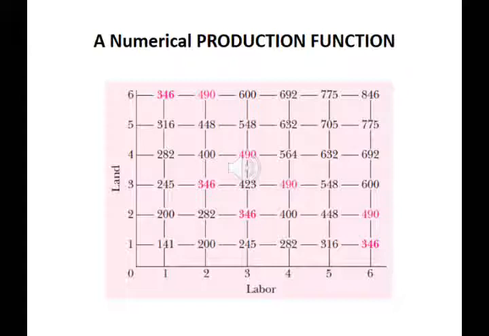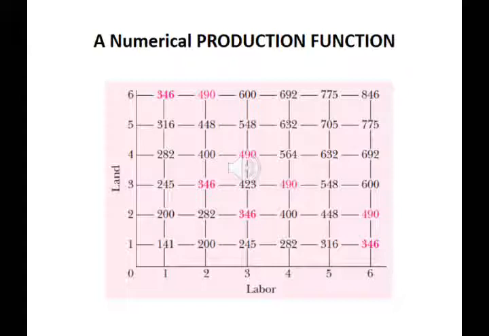So let's look at the level of output Q equals 346. As you can see from this matrix, there are different combinations of labor and land that could result in this level of output of 346, which are 1 unit of labor and 6 acres of land.